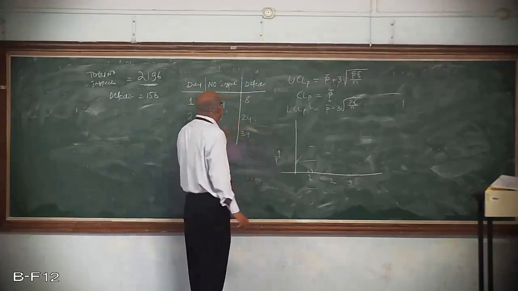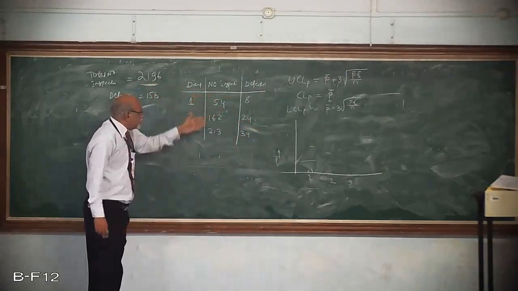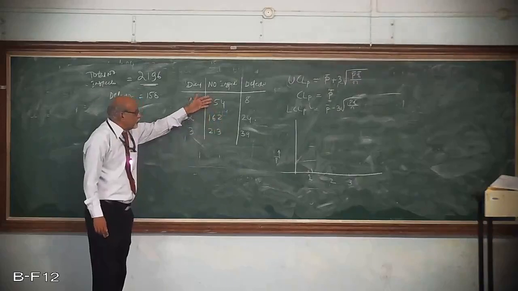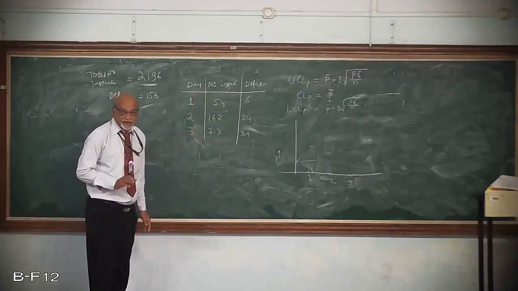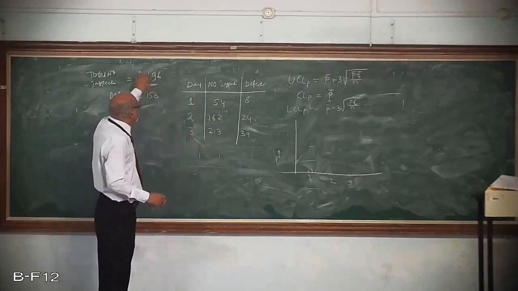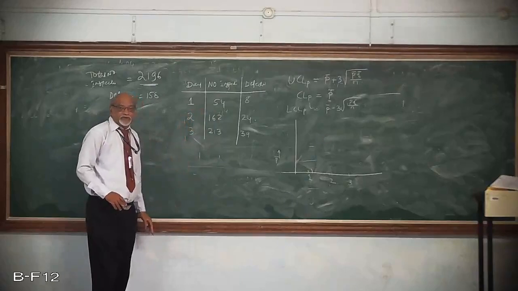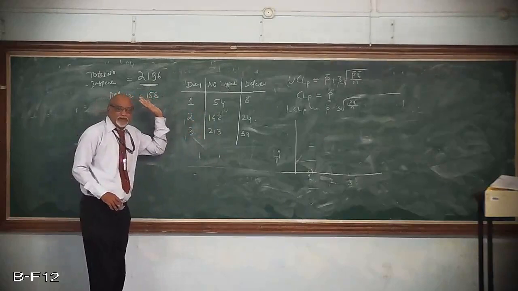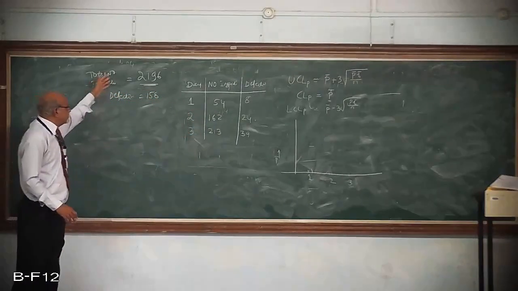What is the P bar? He has given it here. We cannot just take 8 plus 24 plus 39 divided by 54 plus 162 plus 213. No, not this one. In the absence of this data I would have considered that, but only 3 samples are given. That means he has almost given the universal data, that is, the total he has inspected.